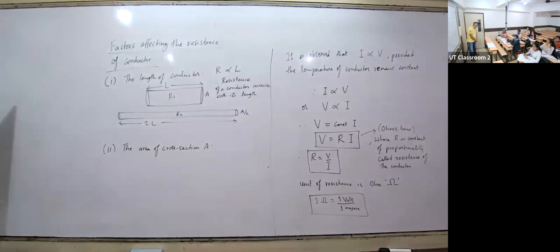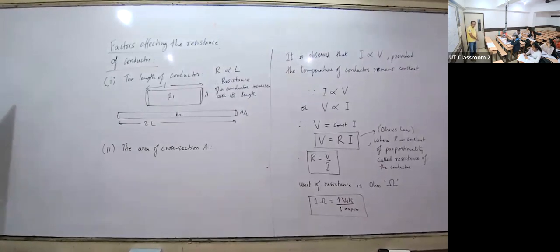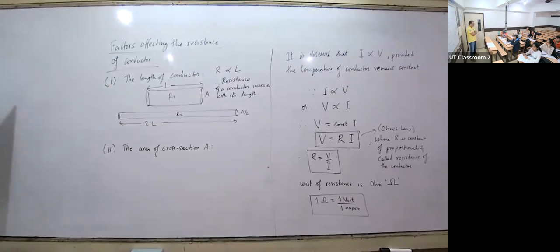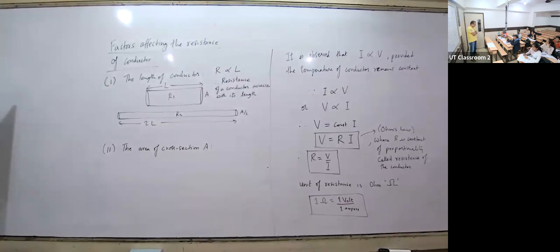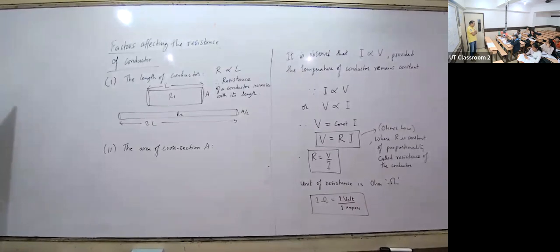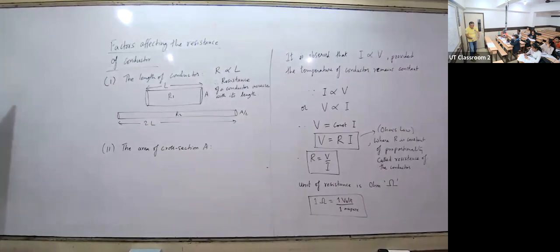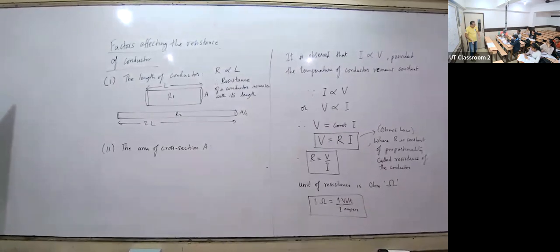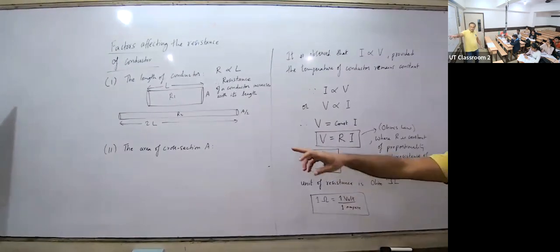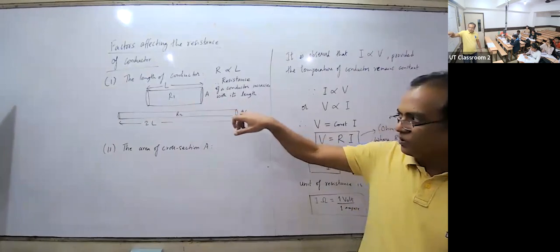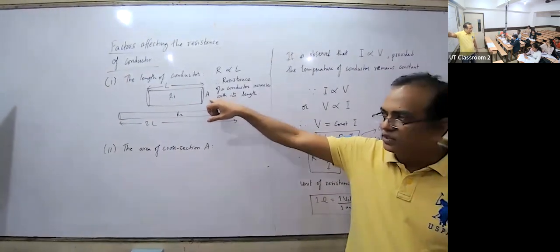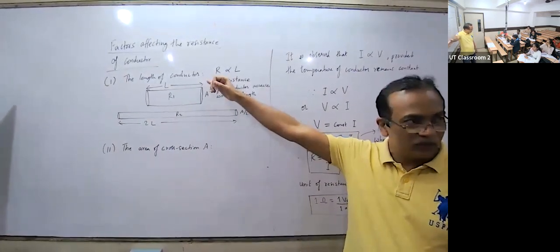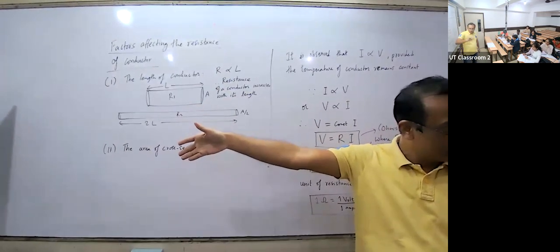I am asking, what happens with the change of area of cross section? What will happen to the resistance? Let us say the cross section increases. What happens to the resistance? It's like when I increase the passage, movement of the electron will be easy. And R2 is greater than R1. So when the area of cross section increases, I get R1. So resistance decreases.